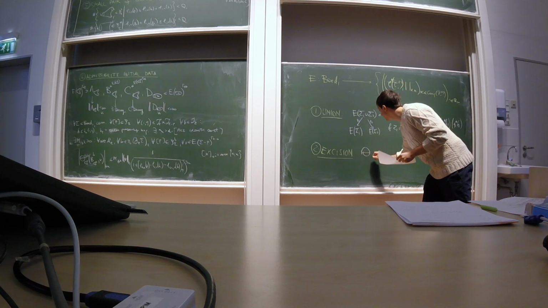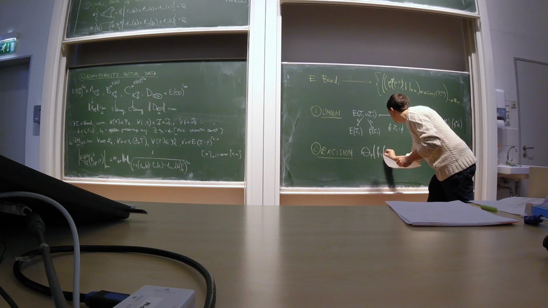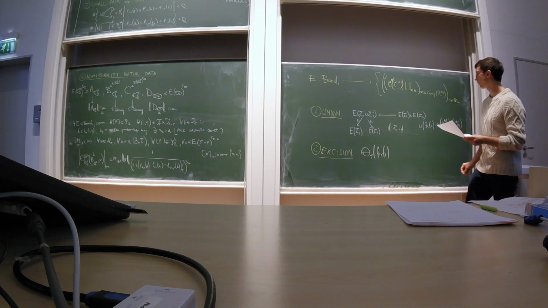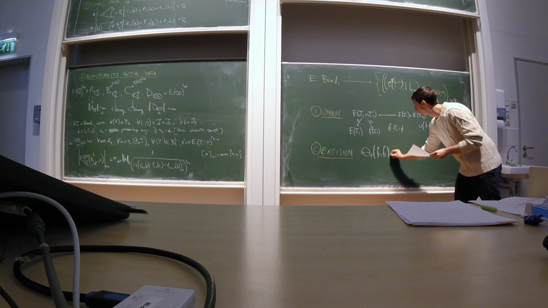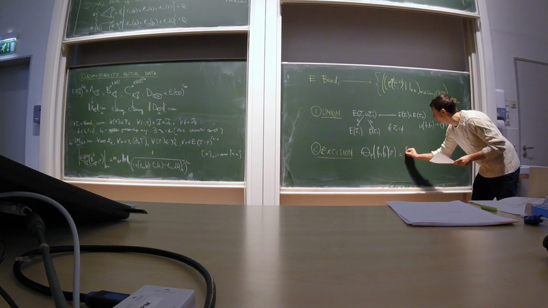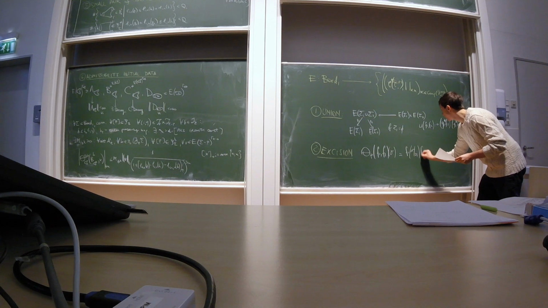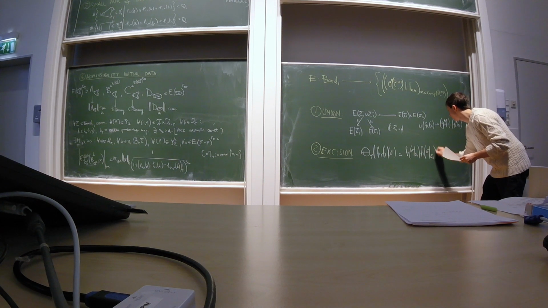And then the excision, if you glue together two elements, and then you want to evaluate sigma in the Teichmüller, this would be just F1 of sigma restricted to sigma 1, and F2 of sigma restricted to sigma 2.